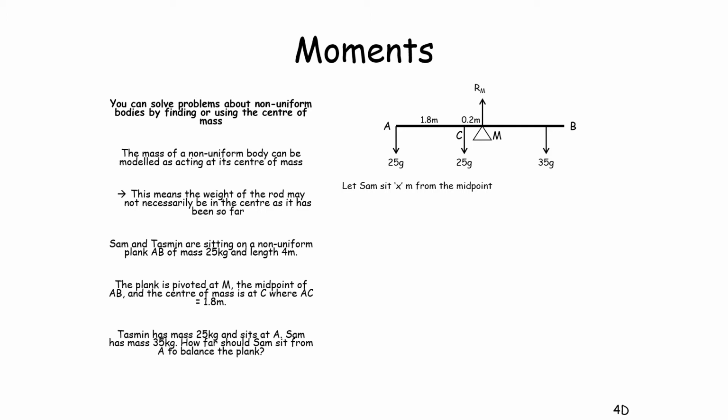The plank is pivoted at M, the midpoint of AB, and the center of mass is at C, where AC is 1.8 meters.